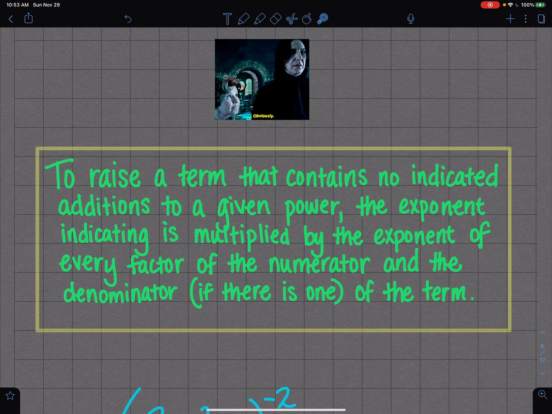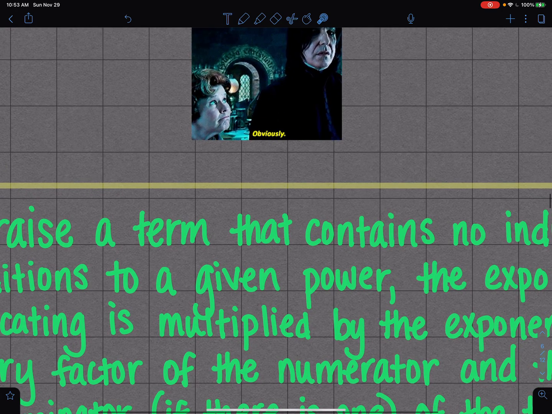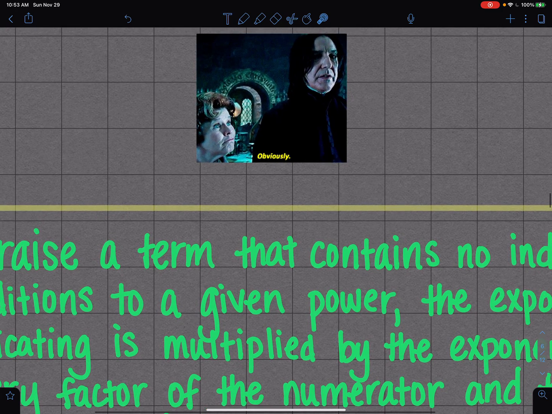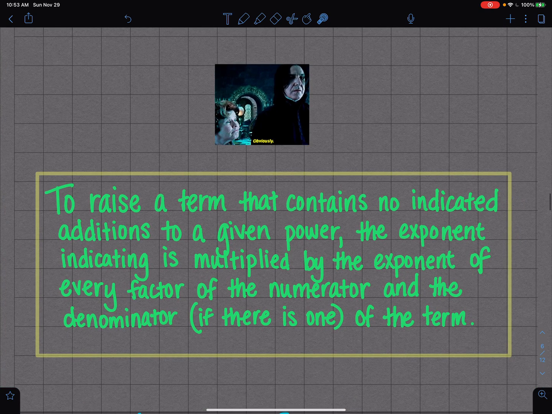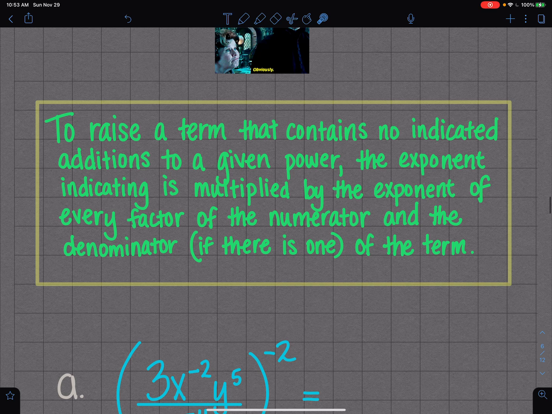So it's basically saying that some of the ones we did are very obvious, like those first ones that we did. I think you can figure that out and just multiply the exponents. But it also says that to raise a term that contains no indicated additions, so you don't have this nonsense going on inside the parentheses, it's just everything's multiplied.